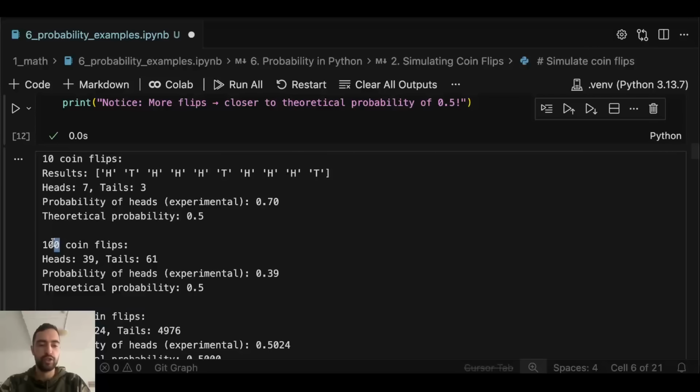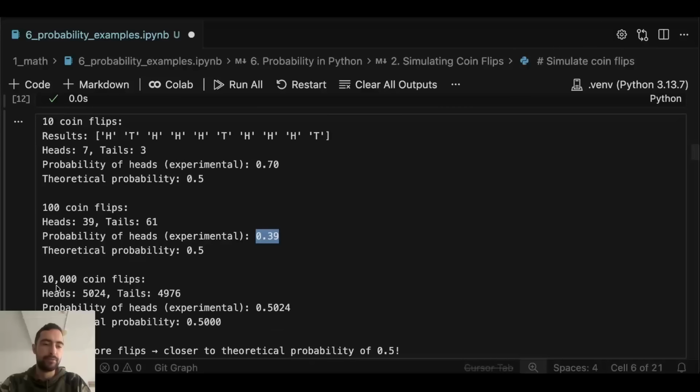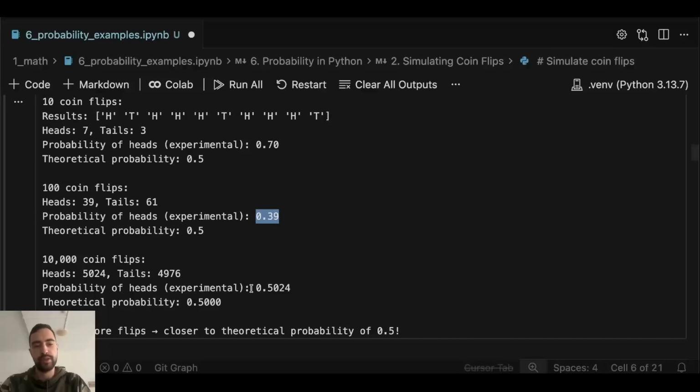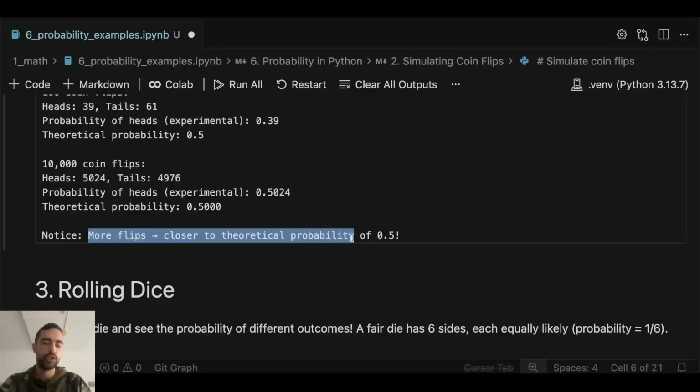So for 100 coins, we get 0.39, and for 10,000 coins, we get 0.5024. So this one, experimental, is very close to the theoretical. So the more flips or more samples, the experimental probability, measured probability, will get closer to the theoretical.